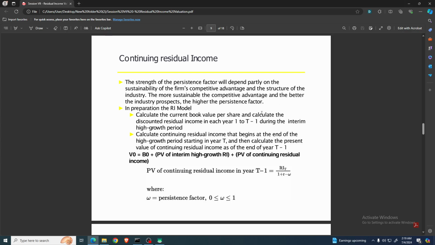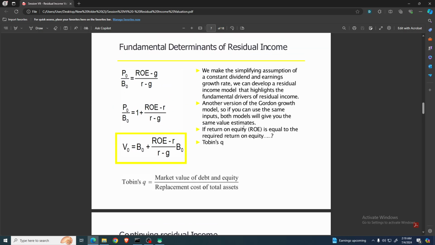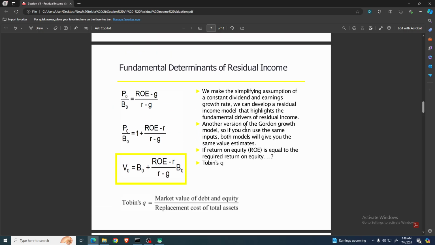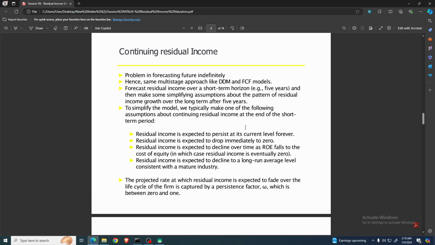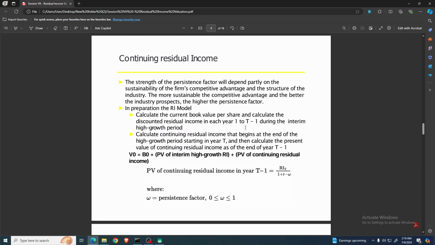All right, let's continue forward. All right, continuing residual income from the point that we have stopped. So we have discussed the fundamental determinants of residual income. Then we have expanded it to understand the simplification of assumptions that is used in these residual income models.